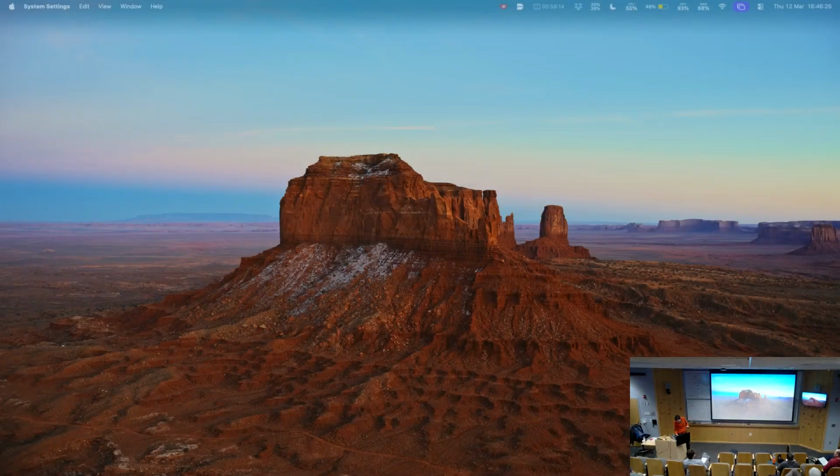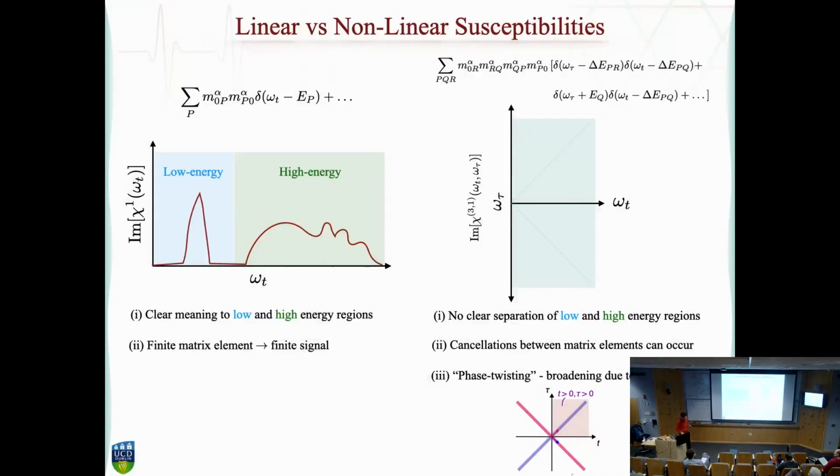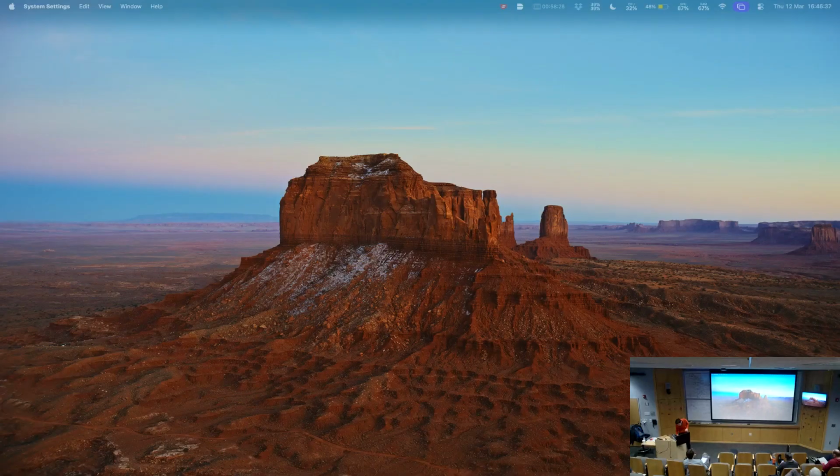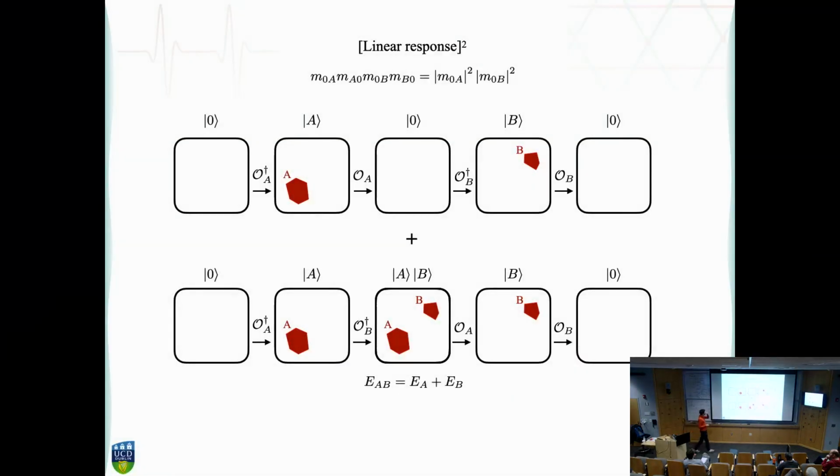There is a way in which you can think of it as basically just the sequence in which you create an excitation and go back, then create an excitation somewhere else, and so these are uncorrelated with each other.